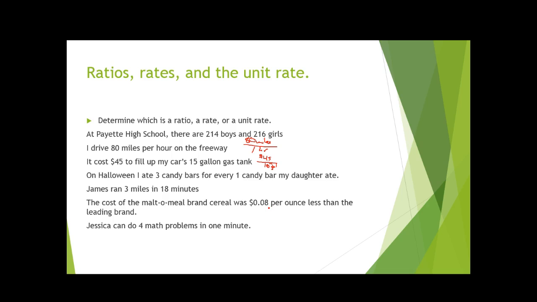That's your unit rate because you have 8 cents over 1 ounce. Basically every 1 ounce is 8 cents. Jessica can do 4 math problems in 1 minute. So that is also a unit rate. You're comparing the number of math problems versus the number of minutes. So 8 math problems in 2 minutes, 12 math problems in 3 minutes, and so on.